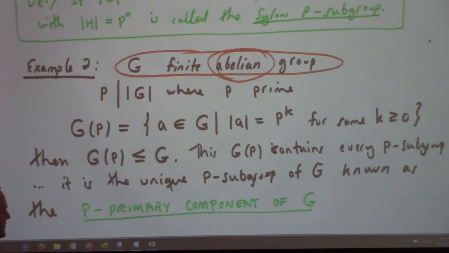So this is pretty much by construction a P group. Every element in the group has an order which is some power of P.